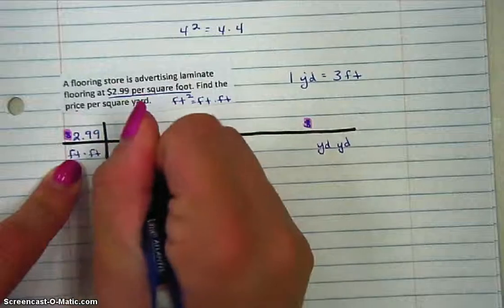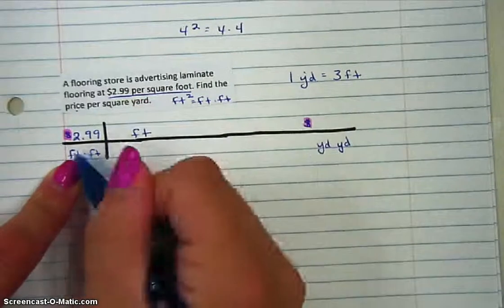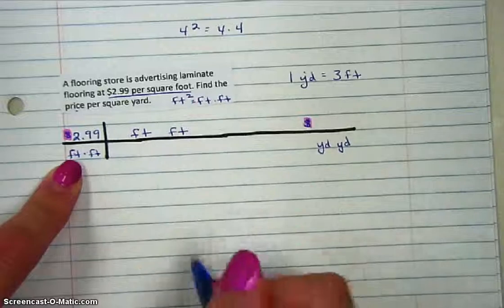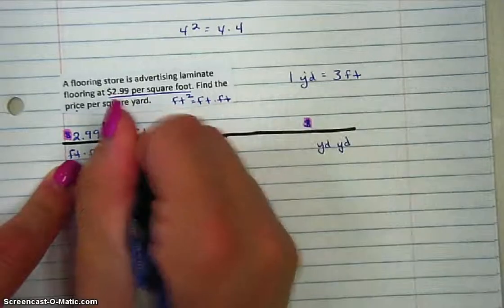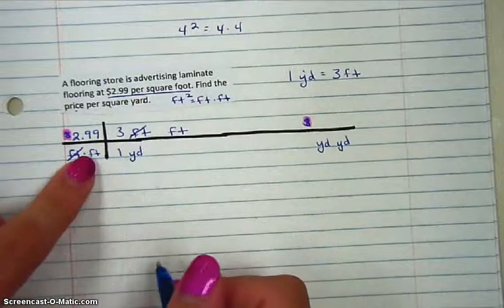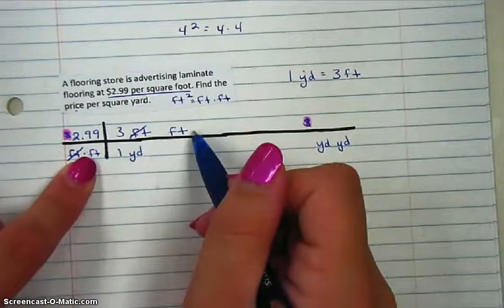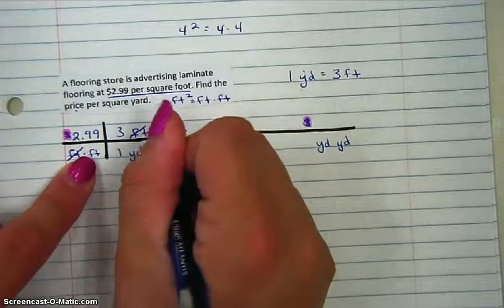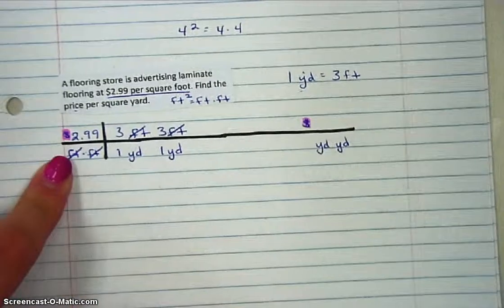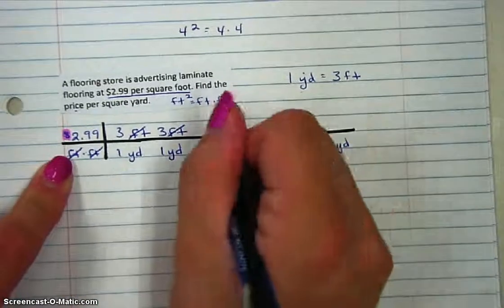Feet have to go on top here. But I don't just have 1 foot. I have feet times feet. So 3 feet is 1 yard. That takes care of one of my feet, but I still have this foot I need to cancel. So I'm going to write it again. 3 feet is 1 yard. Feet cancel. Once again, multiply straight across.